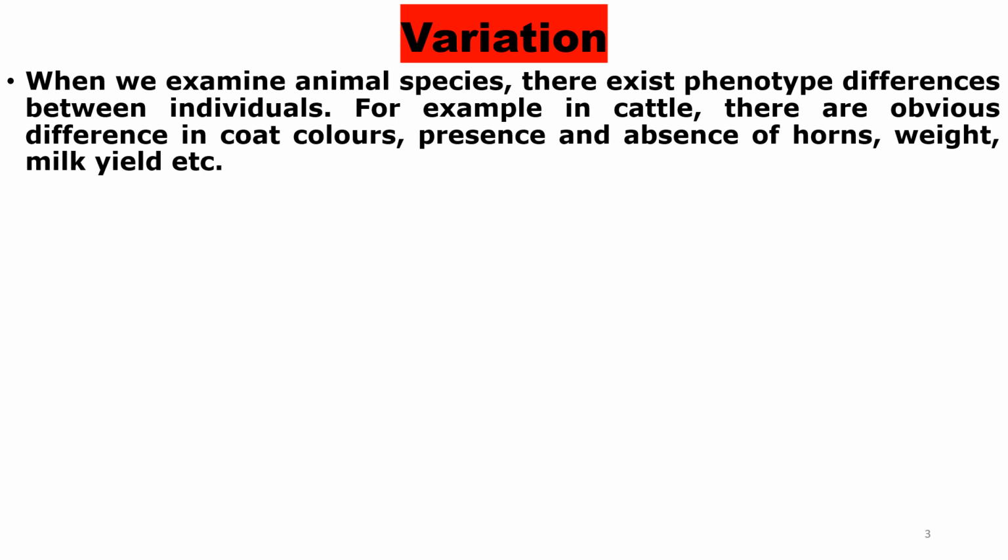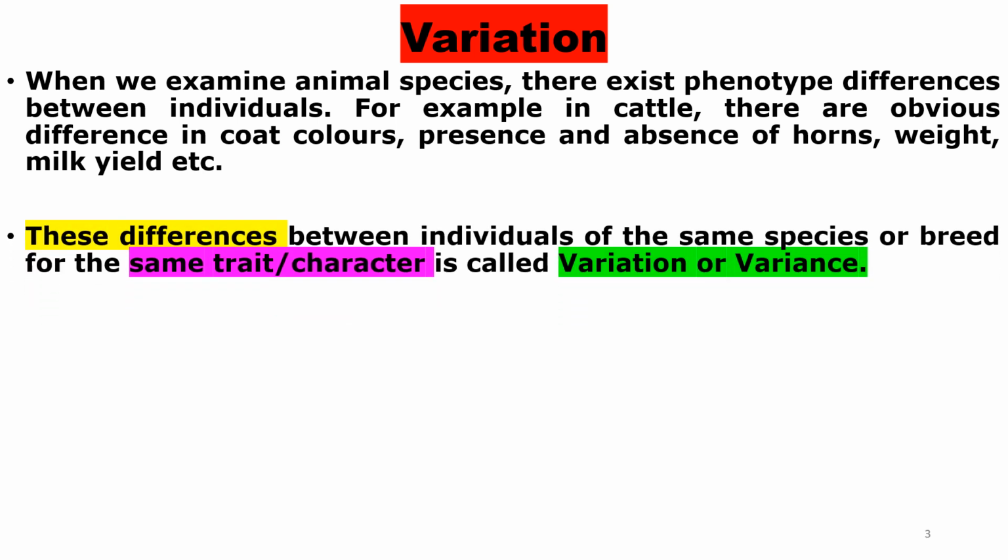Some are very heavy, some are not that heavy. The quantity of milk produced, for example, in some is quite large, and that may not be the same situation in others. Now, these differences that we notice in individuals, even though they are of the same species or breed, for certain traits or character is what is referred to as variation or variance.